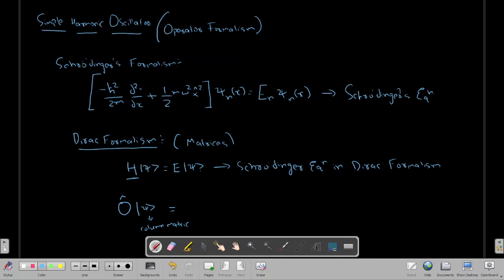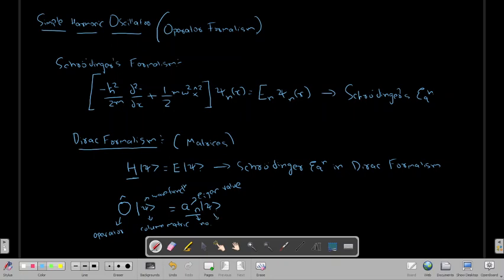When the operator operates on this, it gives you an eigenvalue times the wave function psi again. So the wave function can be written as a column matrix, your operator as a square matrix, and the eigenvalue is just a number.